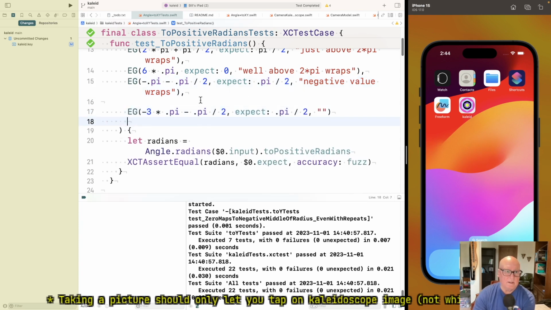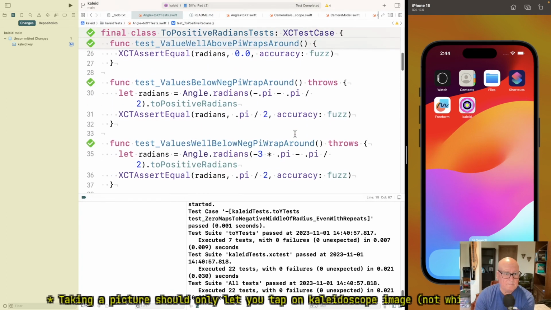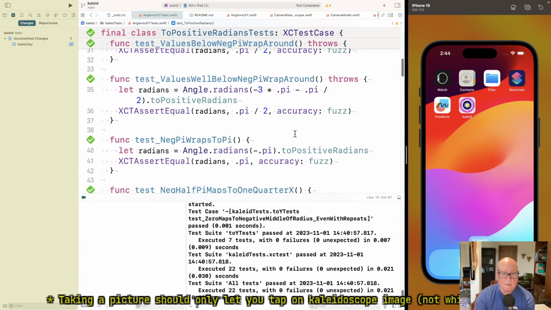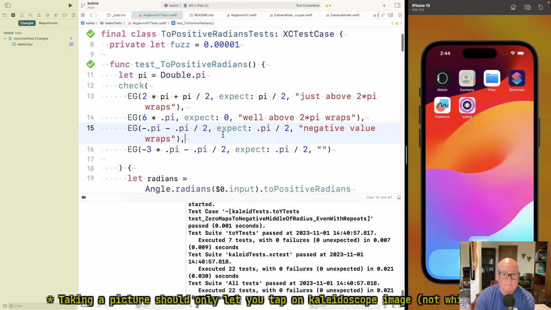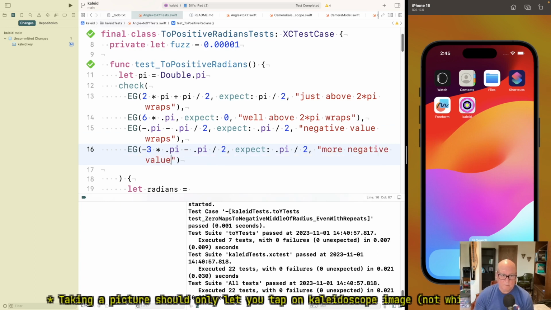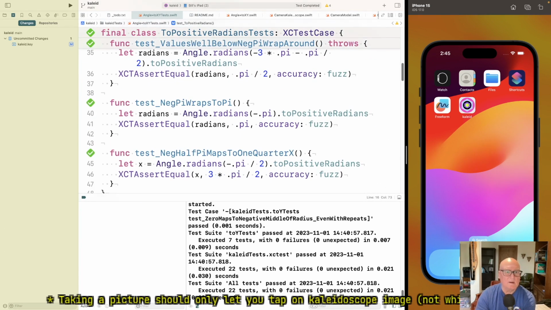Come on, next code. There we go. Minus 3 times pi, minus pi over 2, expect pi over 2. More negative value wraps. Minus 3 pi over 2 minus pi over 2.